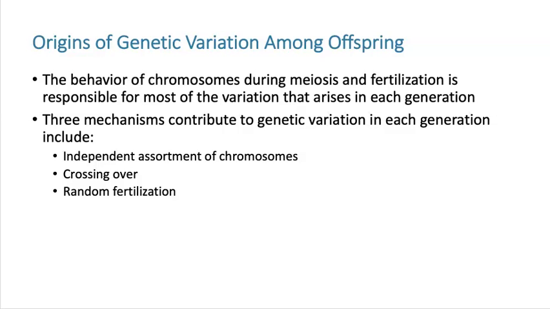The reason we do look different is because of 3 main mechanisms. And those are independent assortment of chromosomes, which I have not gone into any details about yet. Crossing over, which I have gone into quite a bit of detail about, but we'll go into a little bit more. And this idea called random fertilization.